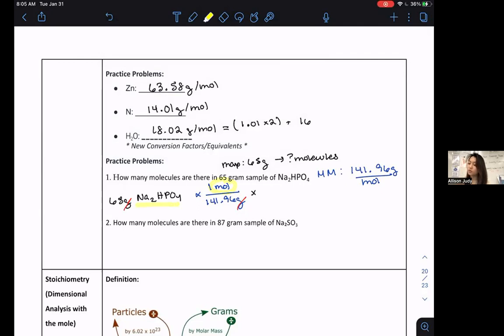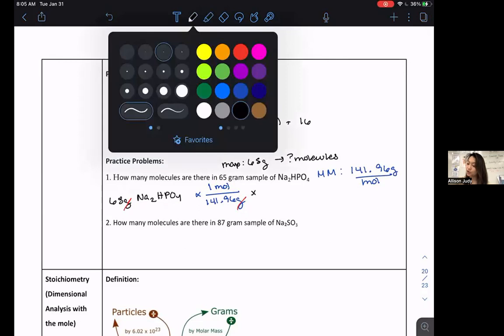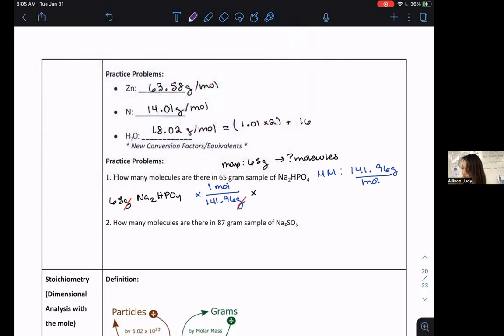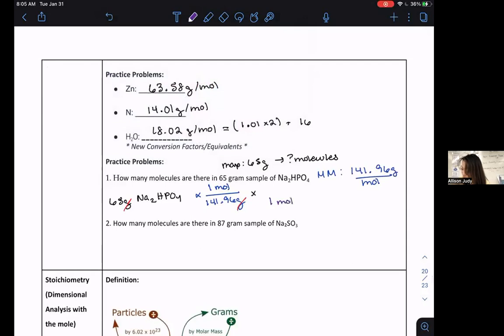Well, I have a relationship between amount of things and a mole, Avogadro's number. So I'm going to use that standard relationship, that equivalence factor, to carry me to the next unit conversion. For every 1 mole, I have 6.022 times 10 to the 23rd things or molecules.